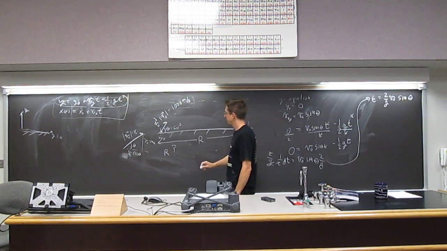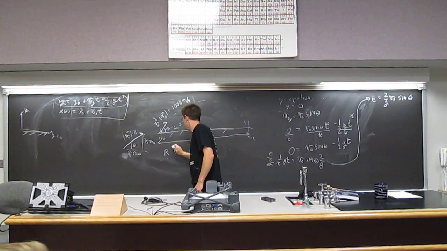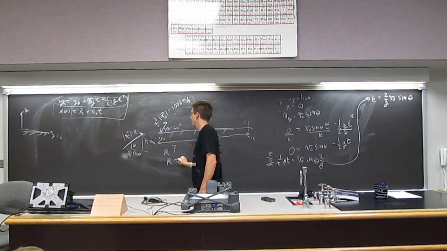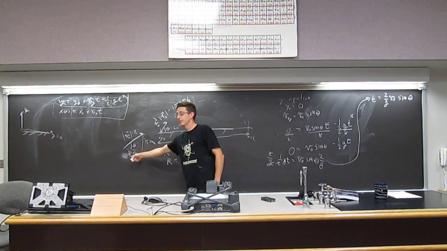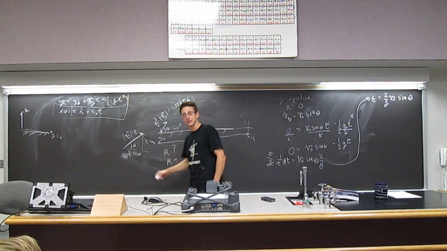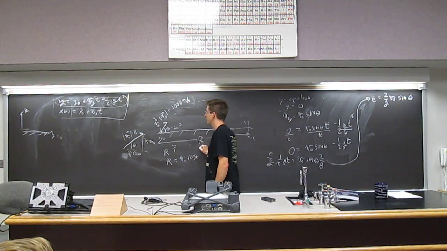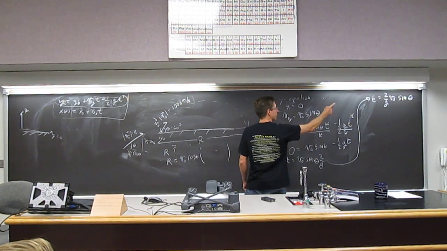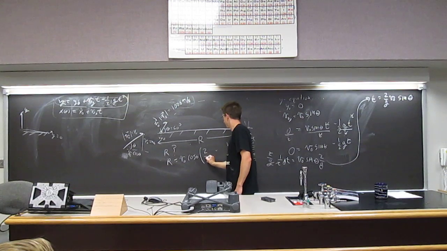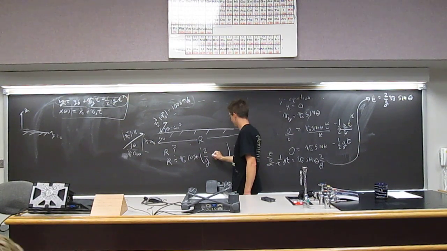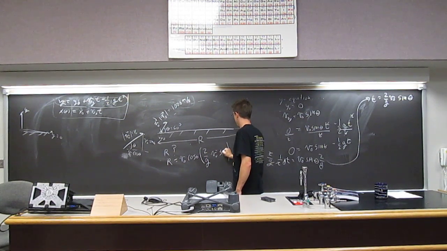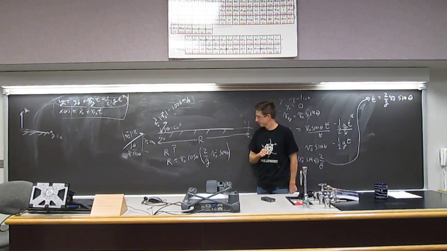So my x equation becomes: range is equal to v naught x, that's v naught cosine of theta, times the time, which is right up there. So 2 over g v naught sine of theta.